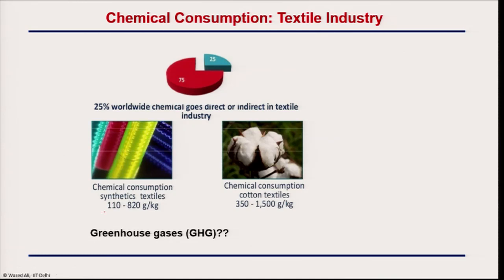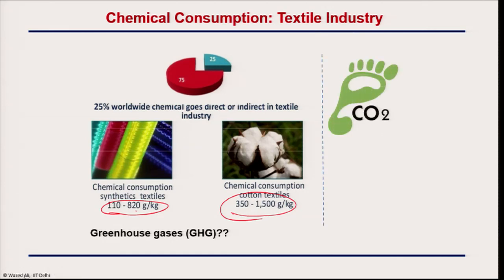For synthetic textiles, people use 110 to 820 gram of chemicals per kg, and for cotton textiles, the natural textiles, the amount is much more, 350 grams to 1.5 kg per kg of fiber processed. So, a huge amount of chemicals is currently used to make the final product that we use nowadays, and this increases the load on the environment and creates a lot of pollution.